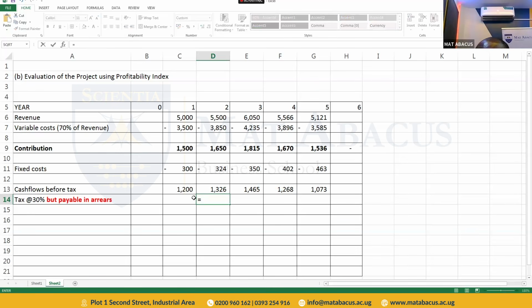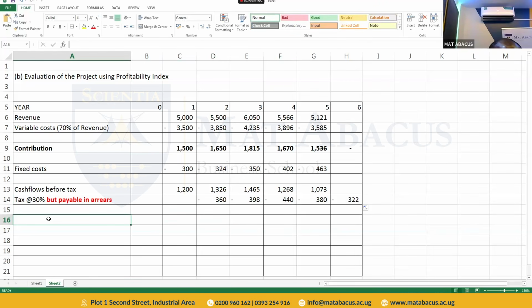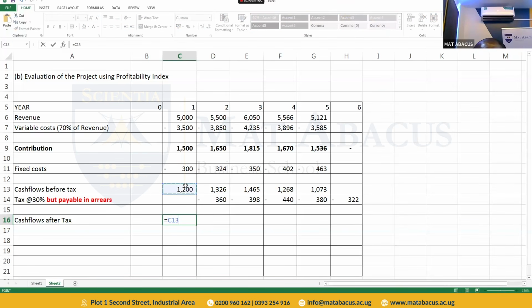That is very key. So you have to take note of that. That's why we added on another year, year 6. Then you can get now cash flows after tax. This is my cash flow after tax.